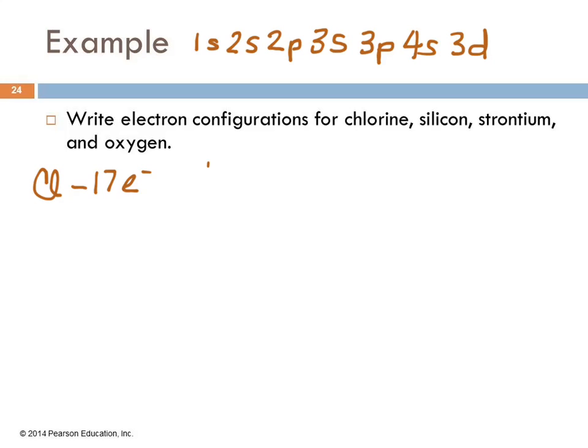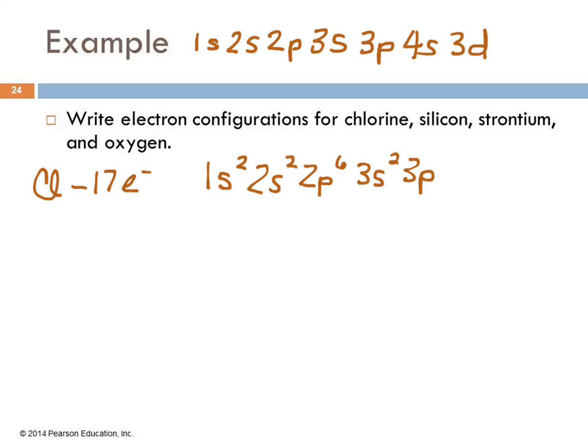So 1s, how many electrons can we put in there? 2. And next is 2s. How many electrons can we put in there? 2. So we're up to 4 now. Next is 2p. How many electrons? 6. So the p subshell has 3 orbitals, 3 times 2, 6. And then we get 3s can hold how many? 2. And 3p, well, 3p can hold 6 electrons, but how many do we have left?